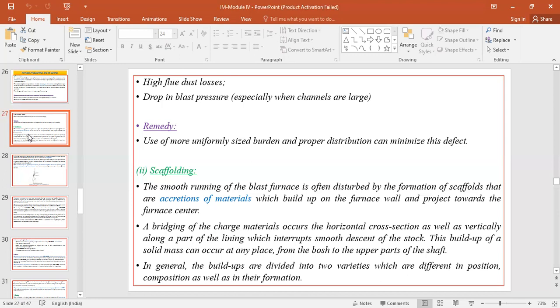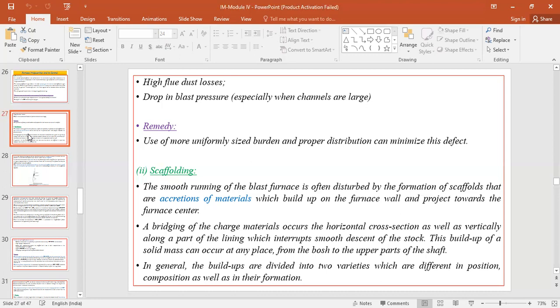That's why whenever we prepare any raw material, we check its properties by doing some testing, whether it has good strength or not, so that generation of fines from this raw material is as low as possible. That is one of the remedies to avoid channel formation inside the blast furnace.